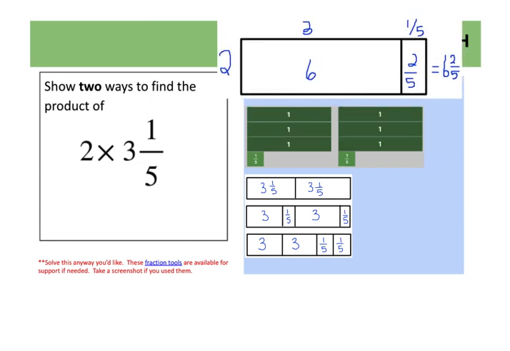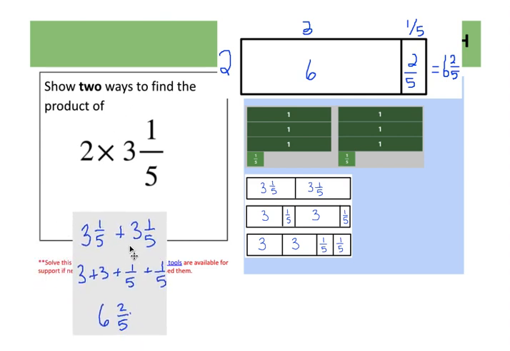Then for more abstract, which is using only numbers and symbols, you might have seen students refer to maybe an earlier example in one of the previous slides for this lesson where students saw repeated addition being used. And again, similar to this tape diagram here, they originally write 3 and 1/5, and then maybe they group together the whole numbers and group together the fractions to get, again, that mixed number of 6 and 2/5.